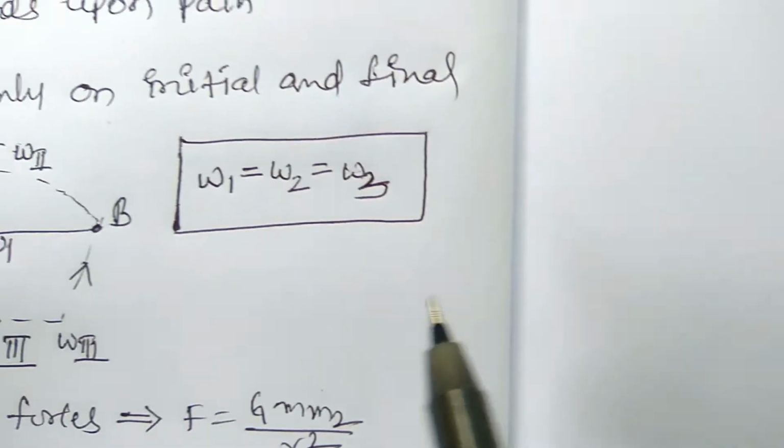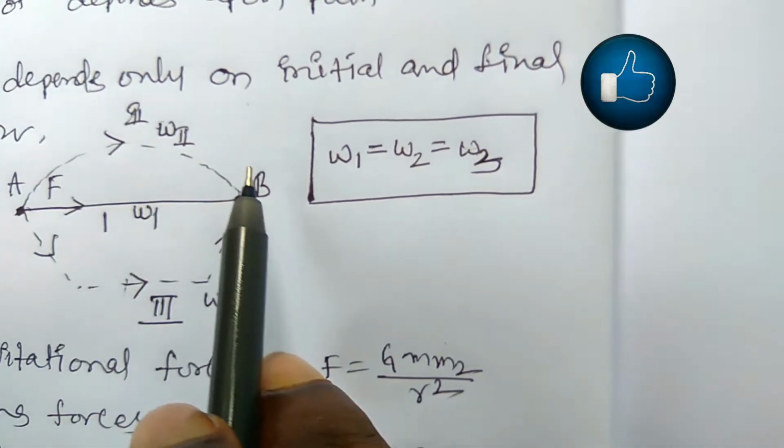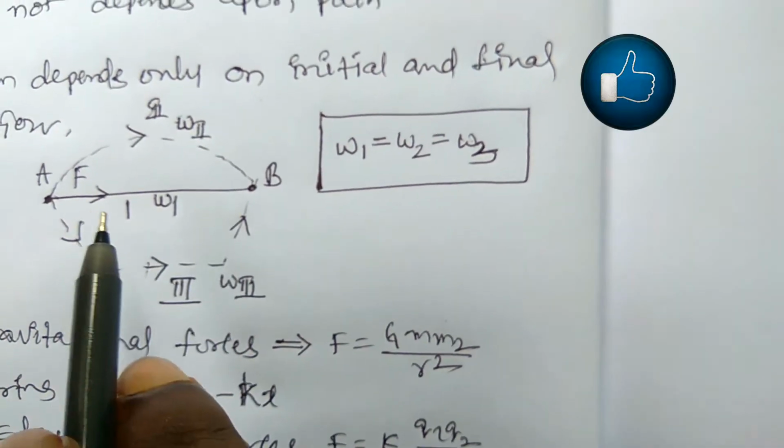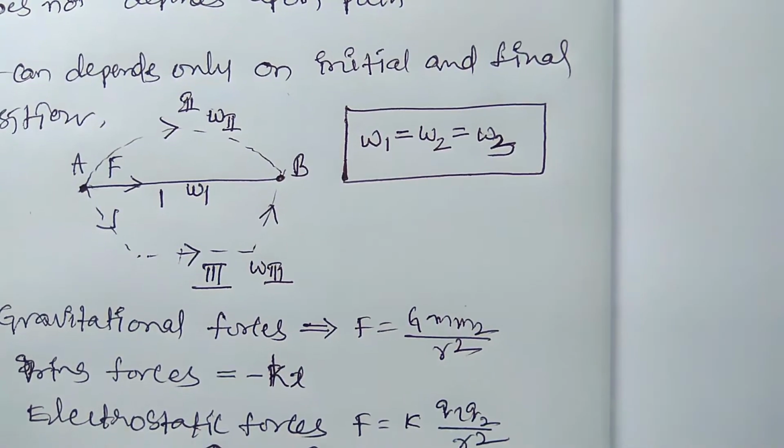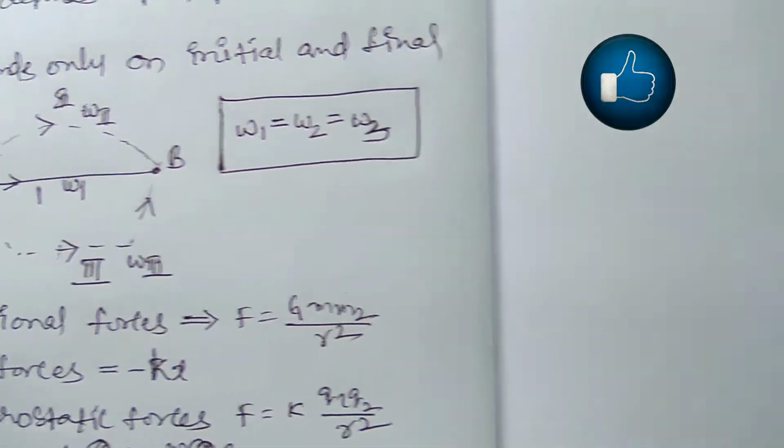And one more example for conservative forces. Here, whatever path the body travels, the work done should be the same. Already we mentioned that W1 is equal to W2 is equal to W3. If the paths are different but the initial and final positions are the same, then the work done should also be equal. So how is it possible?